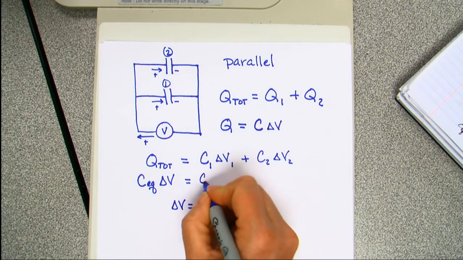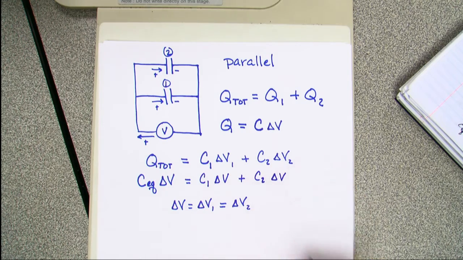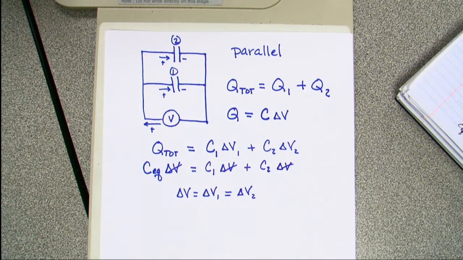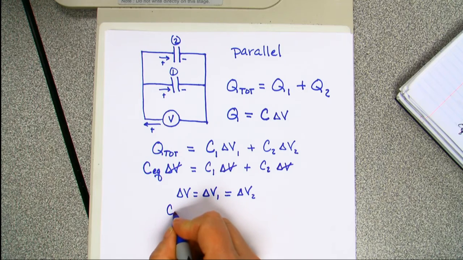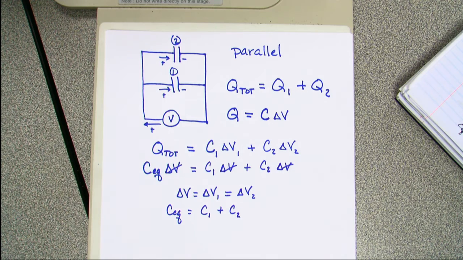So I can rewrite this as 1 change in potential plus 2 change in potential. And if that's all the same, I can factor them out and cancel them out. My equivalent capacitance is just going to be the sum of the two capacitors that I have in the system. And if I put in 3, 4, 5, 6, 7, doesn't matter, as long as they're in parallel, my equivalent capacitance is going to equal that right there. It's not going to change.